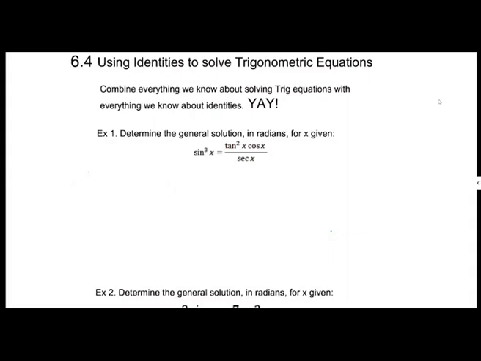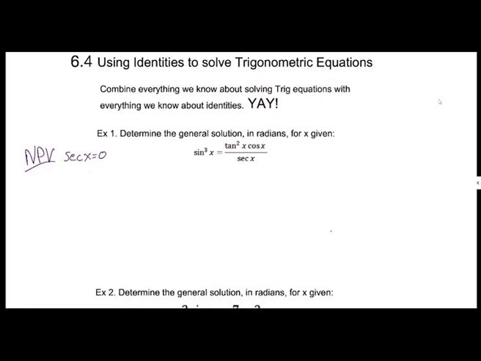Now, the very first thing I'm going to do before we start solving is take a look at non-permissible values. So there's nothing that shows up on the left side of the equation. On the right side, we get secant. If secant of x is equal to 0, we would have non-permissible values.